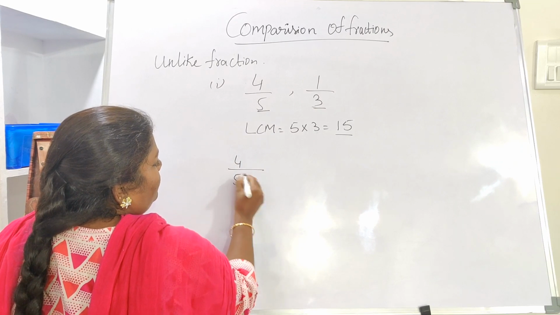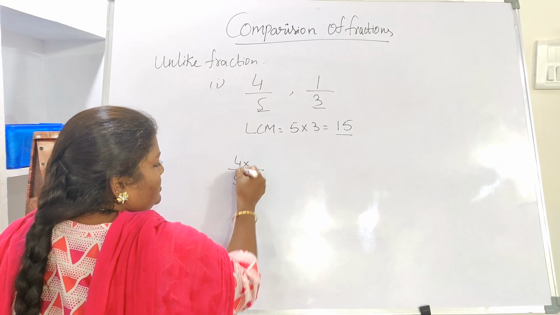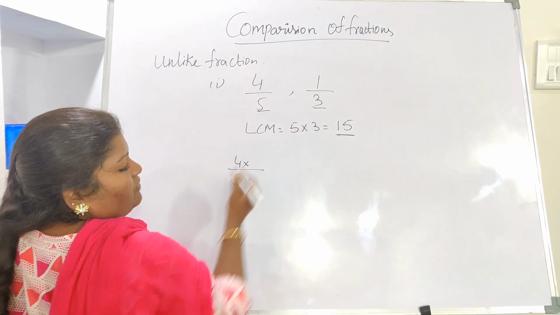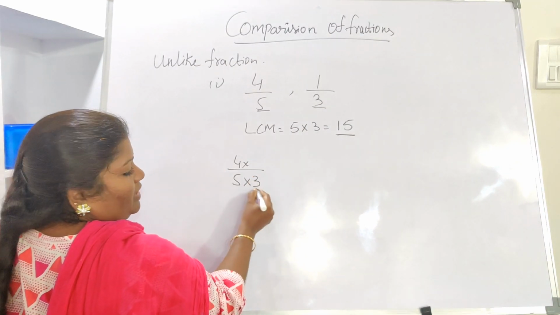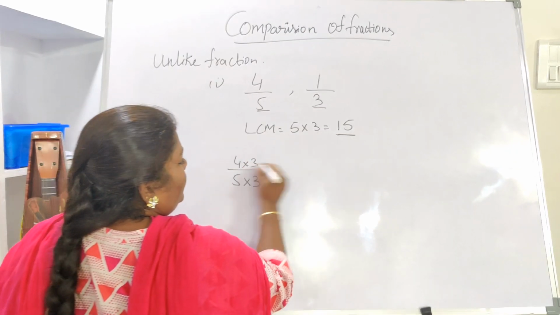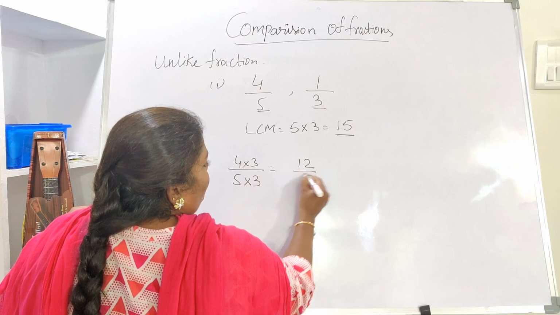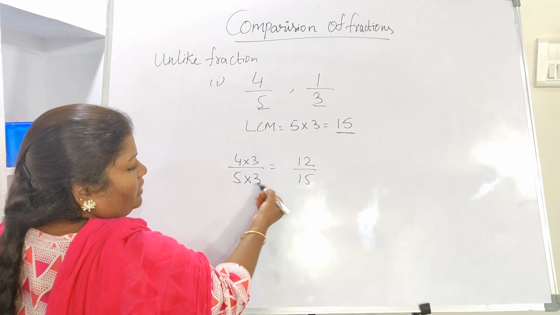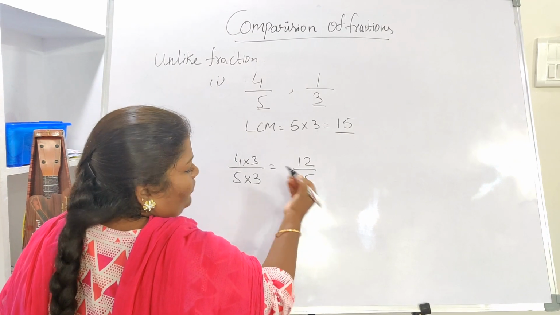Take 4 by 5. Multiply with such a number so that you will get the denominator as 15. That is, if I multiply 3 in numerator and 3 in denominator, I am going to get 12 by 15. So after multiplying with 3 in numerator and denominator, I got denominator as 15.